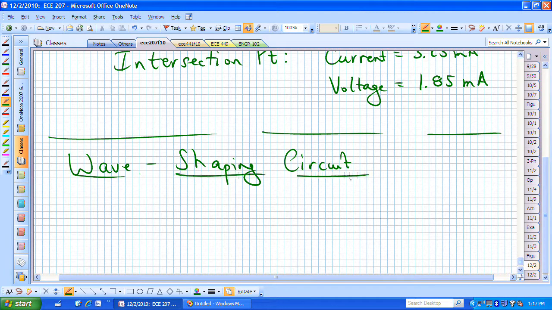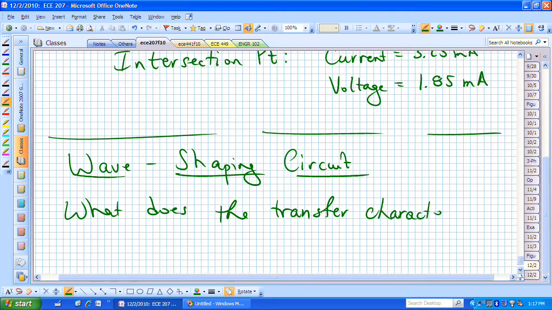Type problem, and in particular we're wanting to know what does the transfer characteristic of a particular circuit look like.